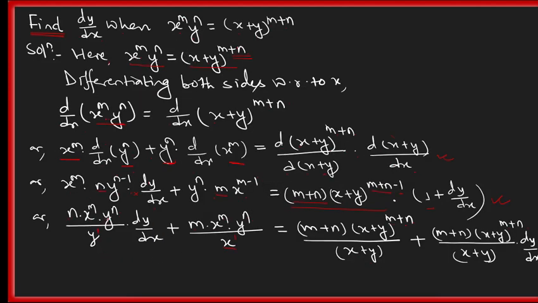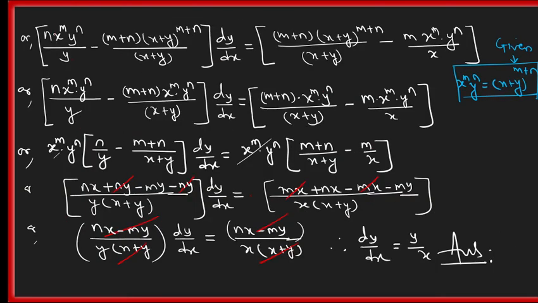n x to the power m y to the power n over y dy by dx minus m plus n x plus y to the power m plus n is x to the power n y to the power n dy by dx. So in that way, n x to the power m y to the power n by y minus m plus 1 x plus y to the power m plus 1 by x plus y dy by dx, that's shifting and taking dy by dx common.